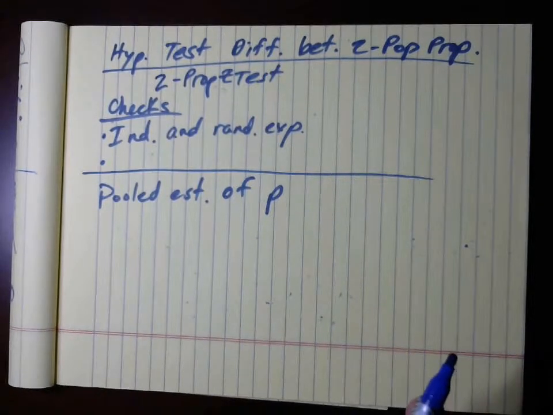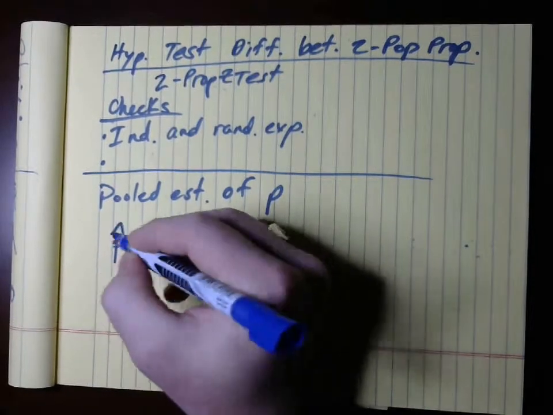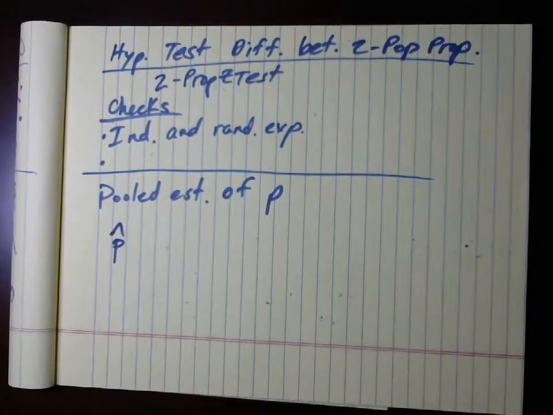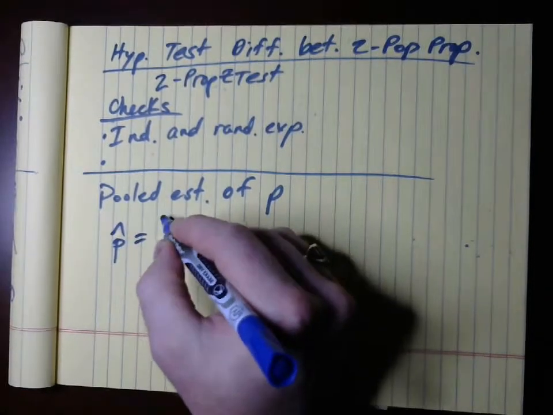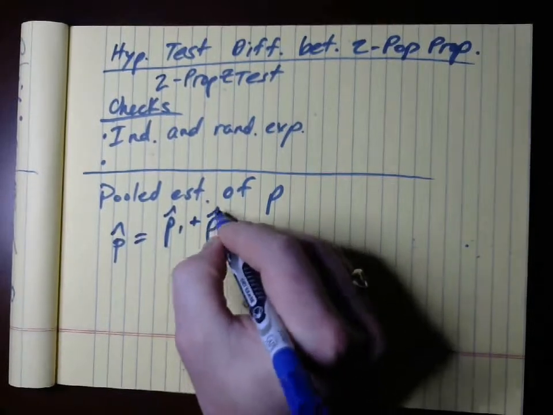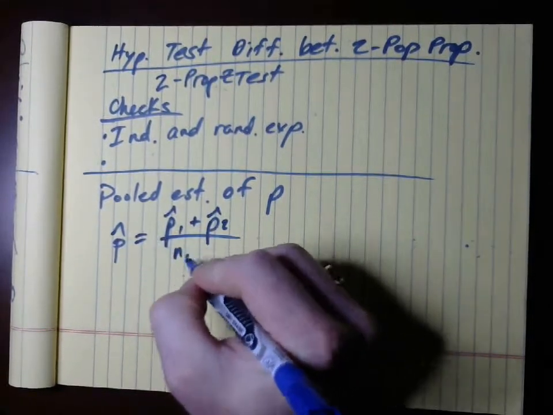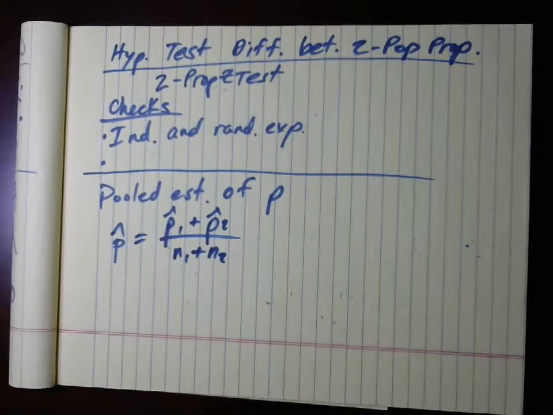So we use what's called a pooled estimate of p, and we denote this p hat. Notice we have p hat 1 and p hat 2 that we're taking the difference of. The pooled estimate is p hat, equal to x1 plus x2 over n1 plus n2. We're going to be using that in the denominator of our test statistic. I'll show you where that comes into play.